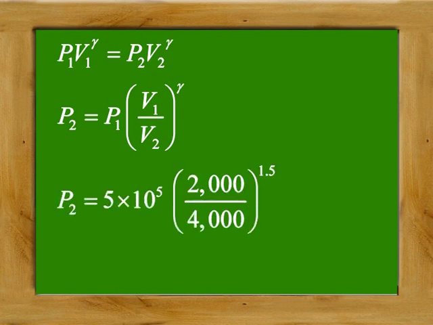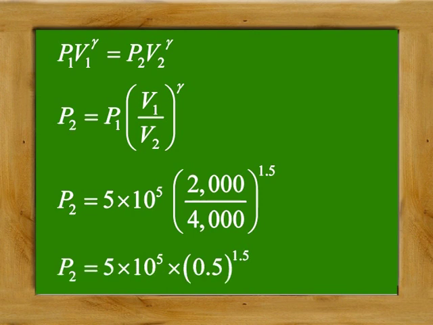Therefore, P2 is equal to 5 into 10 raised to the power 5 into 2000 upon 4000 raised to the power 1.5, or P2 is equal to 5 into 10 raised to the power 5 into 0.5 raised to the power 1.5.